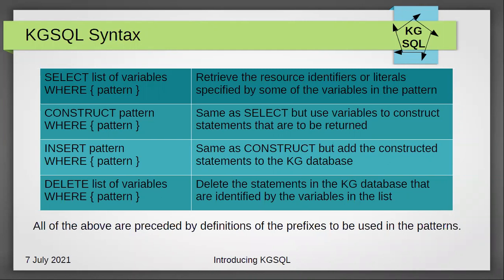Delete deletes the statements that are identified by the variables in the list. So syntactically, delete and select look the same, except that in select you can have any variable. In delete you can only have variables that represent statement identifiers. And much like SPARQL, KGSQL has borrowed a number of constructs from SPARQL, you precede each of these by definitions of the prefixes that are to be used in the patterns.